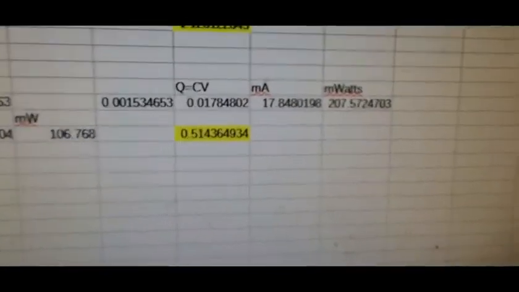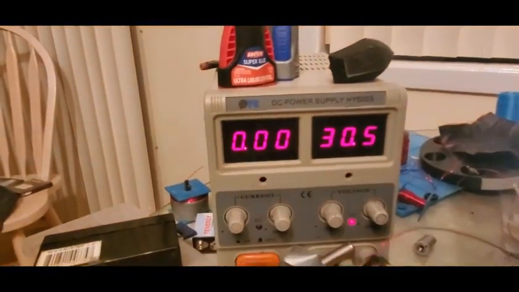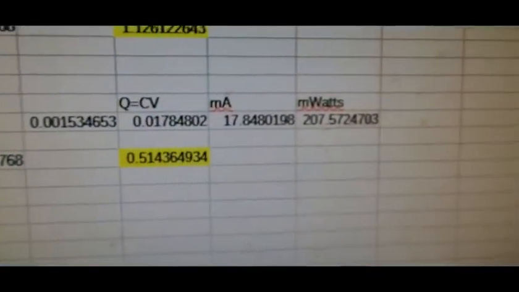That's our calculated milliamps of 17.8. Observe that there. And 207 milliwatts in. What are our milliwatts out?